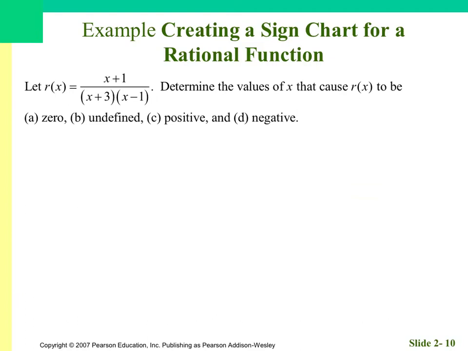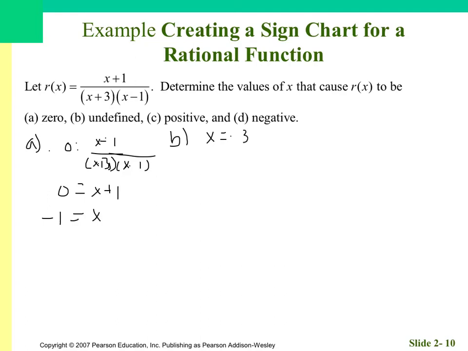So here's a: 0 equals x plus 1 divided by x plus 3, x minus 1. Multiply by the denominator, so you get 0 equals x plus 1, so x equals negative 1. So there's the 0. Second part, undefined. Well, when x equals negative 3 or 1.